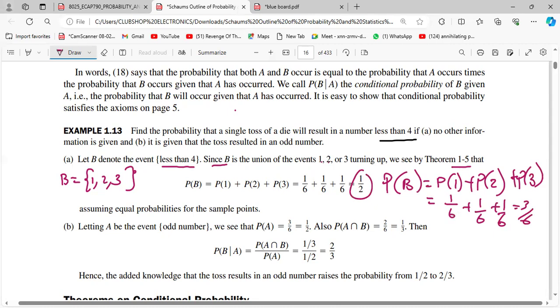All right? If we do not have that information, then for B, we need to find the probability of a die resulting in a number less than 4.